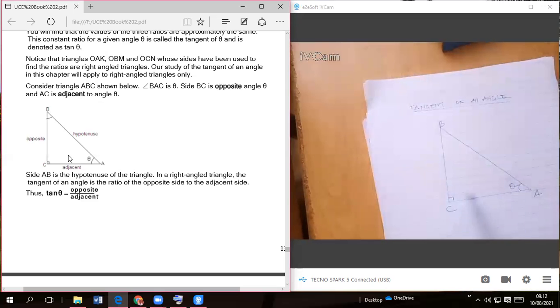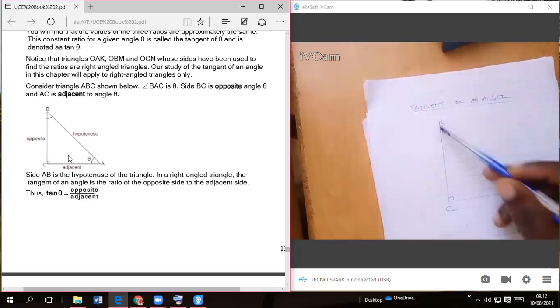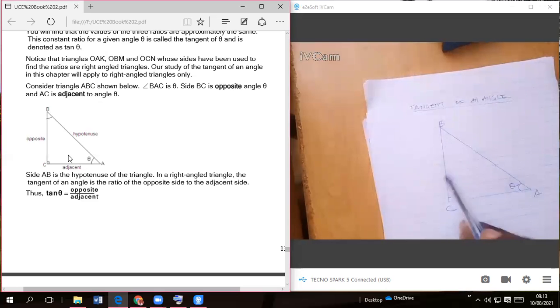So this side here, CB, when you look at CB, let's say someone is standing at this point where the angle theta is, and is looking at this side. If someone looks at this side, what does it mean?